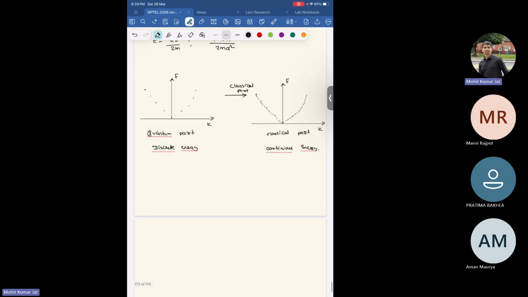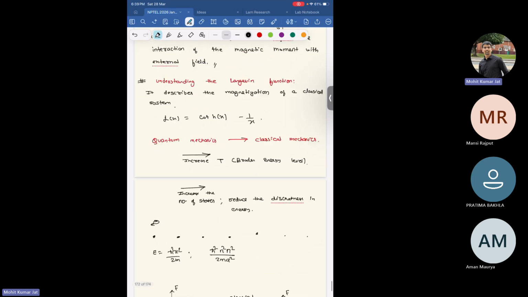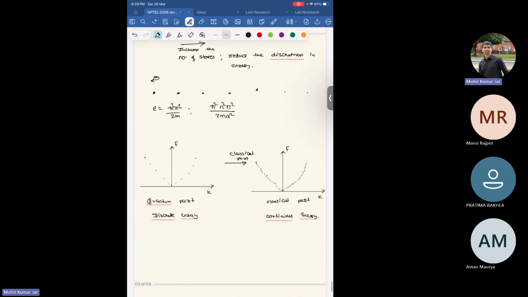In this case also you do the same thing. You take your J, which determines the number of states, 2J plus 1. You take your J to be very large, and that will convert your Brillouin function to the Langevin function. Let's see how it does.